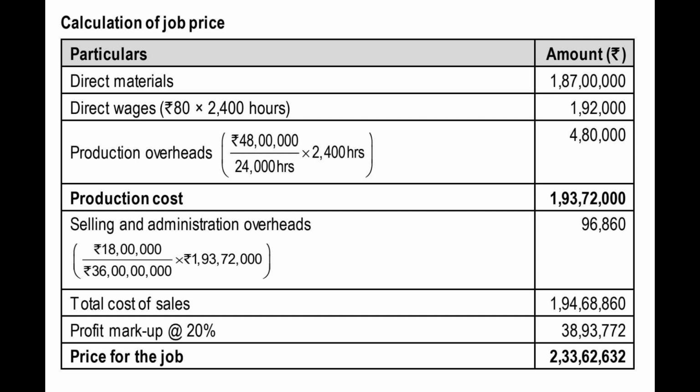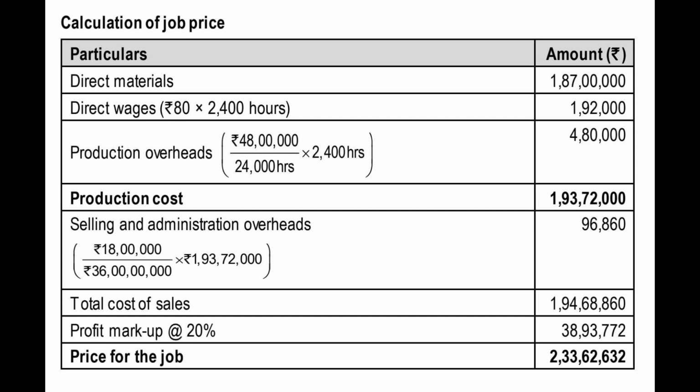So we have to proportionately calculate for 2,400 hours for this job. How? Go to particulars, write production overhead. Open the bracket, write 48 lakhs divided by 24,000 hours, which is nothing but 200 per hour. That means per hour we have to charge 200 rupees.